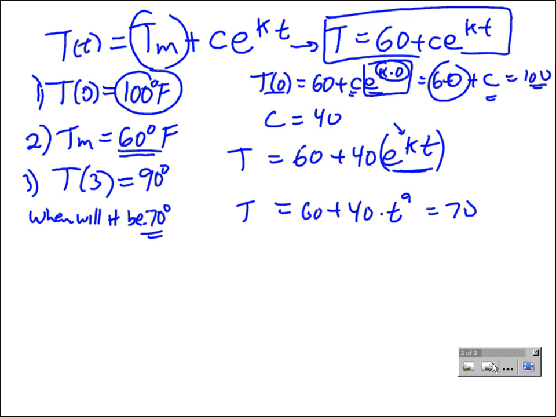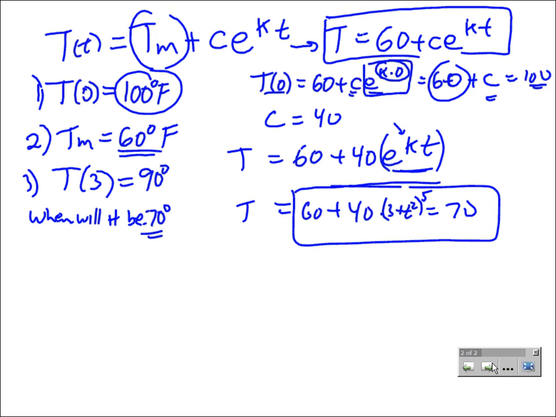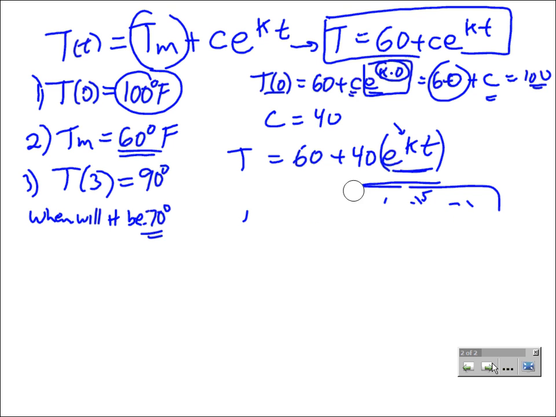I let this equal 70 and I solve for t. Or maybe I find out that e to the kt is 3 plus t squared all to the 5th power. I can solve this equation because there's only one unknown, t. So I have two options. I can solve for e to the kt in terms of t, that is, I get rid of the k, or I solve for k.